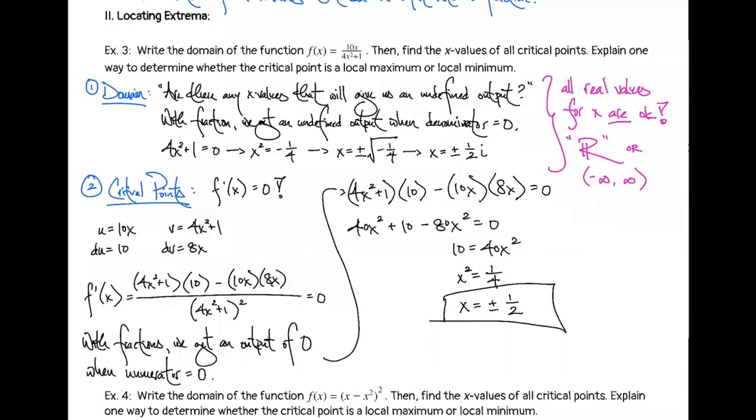Okay. So what are our ideas? How could we tell whether this graph has a maximum or a minimum at those values?